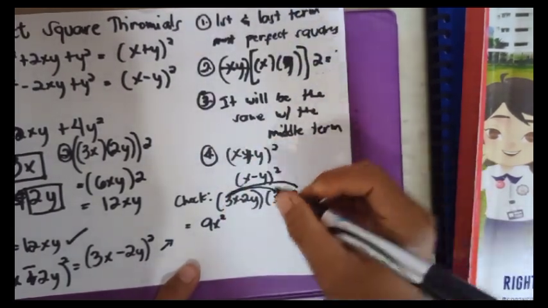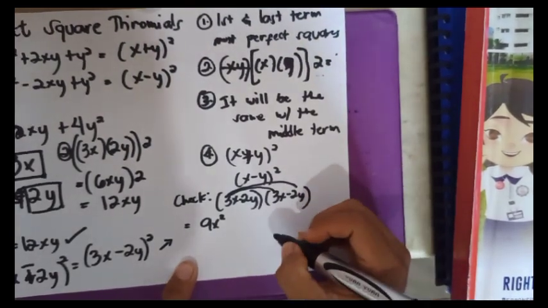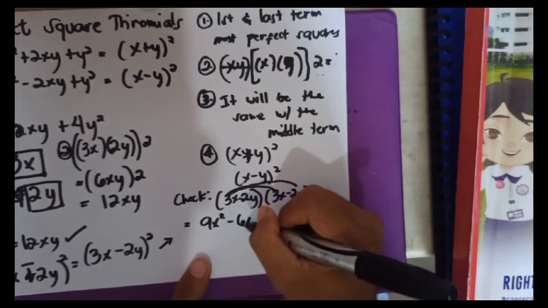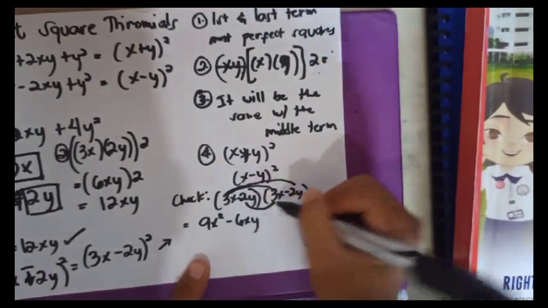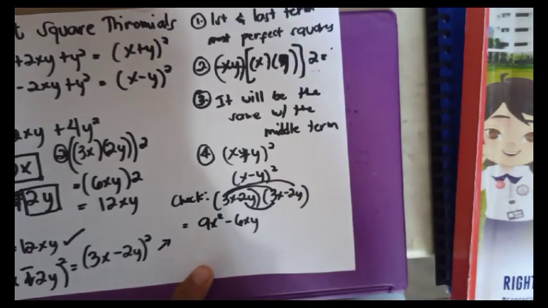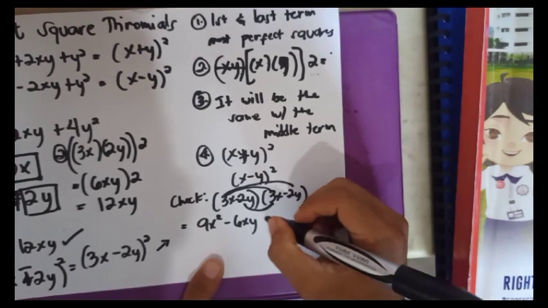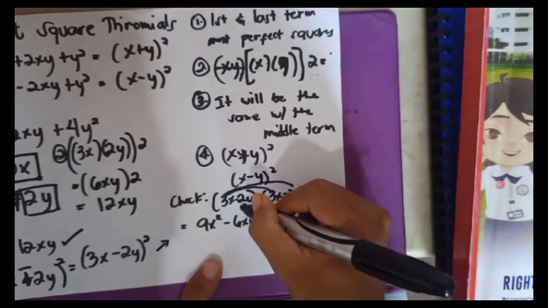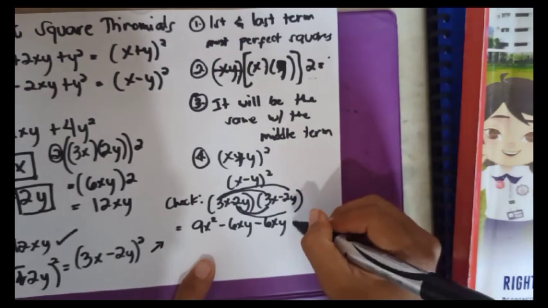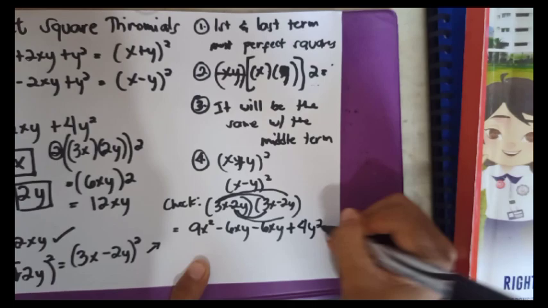Outer term, 3x times negative 2y, it's negative 6xy. Now we have the inner term, negative 2y times 3x is negative 6xy. Now in the last term, negative 2y times negative 2y is positive 4y squared.